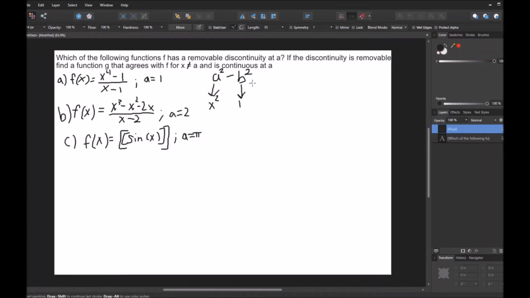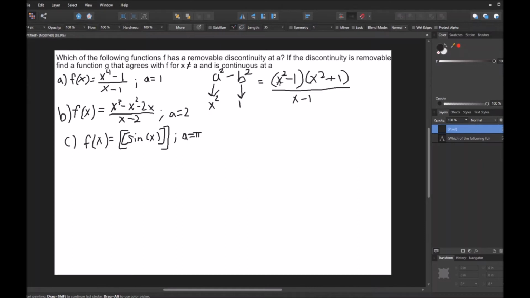So in order to factor that out, we can make it x squared minus 1 times x squared plus 1. And now these two terms being multiplied by each other is the same thing as what's in the numerator. It's just a little bit simplified. And I can put that all over x minus 1.